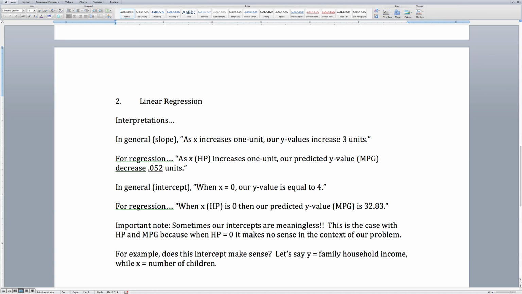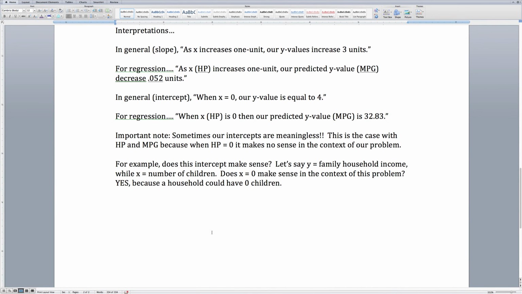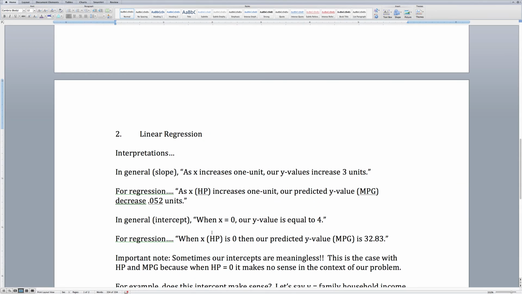As the number of children goes up, your family disposable household income goes down. But anyway, does x equals 0 make sense in the context of this problem? Well, it's an astounding yes, because a household could have 0 children. While, in our example for horsepower and miles per gallon, it made no sense, of course, because horsepower could not be 0.